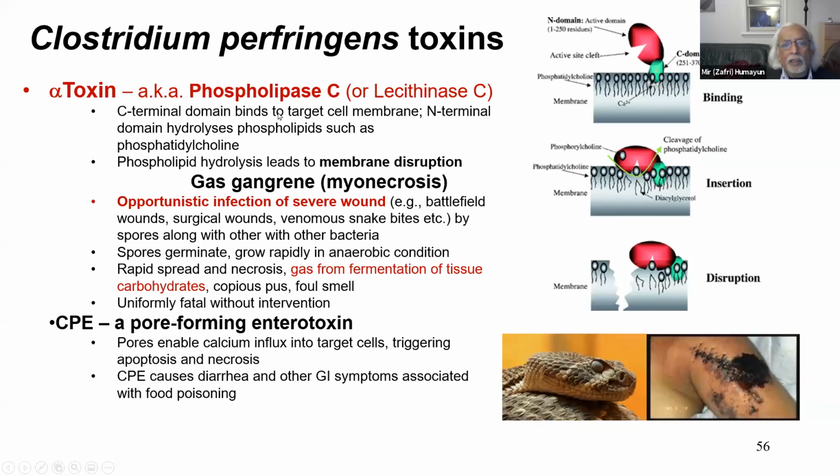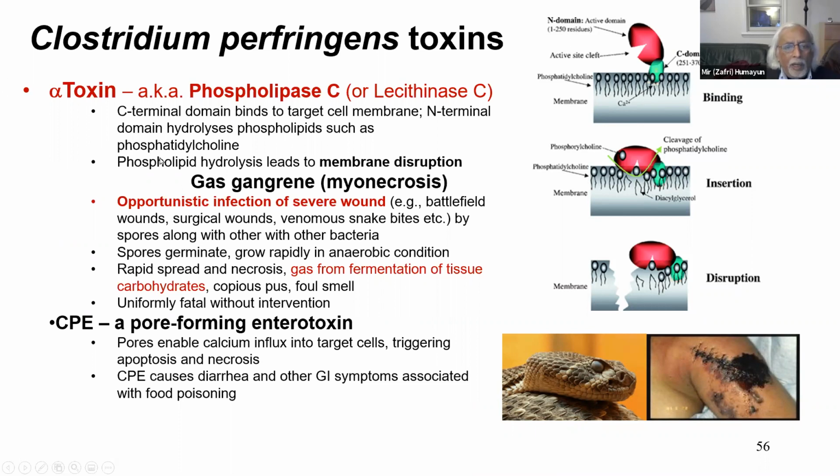Alpha toxin is a phospholipase. What it means is it destroys the cell membrane of the host target cell by cutting at a specific chemical entity called lecithin. In this case, the toxin has two domains. One domain binds to the cell membrane. The other domain basically destroys the membrane locally.